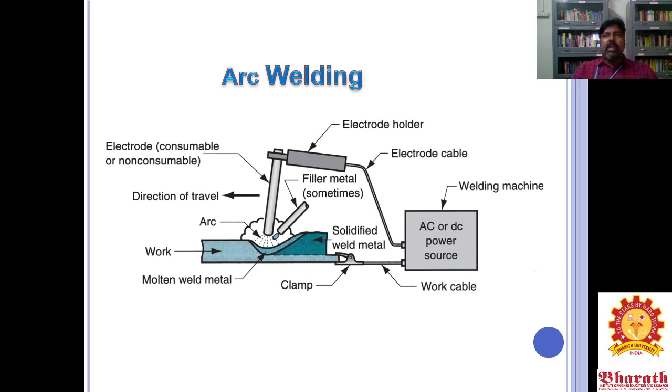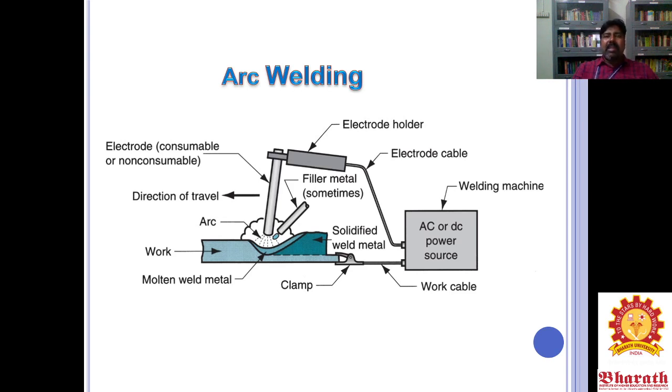Then two cables, one for the workpiece and another for the electrode. Then gloves, protective shield, apron, wire brush, right? The wire brush is used for cleaning purposes. Then chipping hammer, then safety goggles, right? So these are all the important equipments which we use.